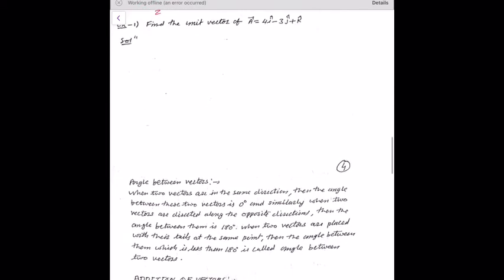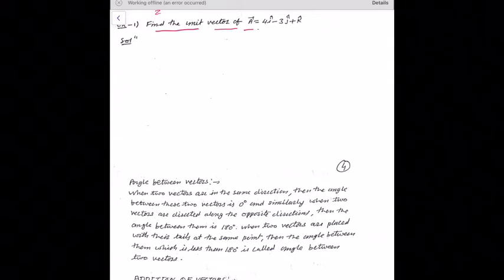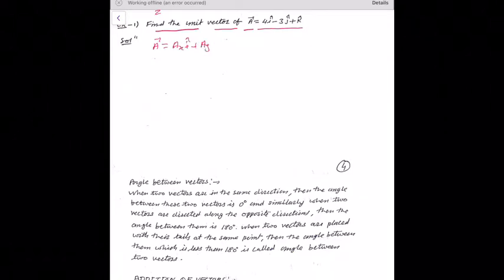Example: find the unit vector of vector A equal to 4 i cap minus 3 j cap plus k cap. So, solution of this question: let vector A be equal to ax i cap plus ay j cap plus az k cap.